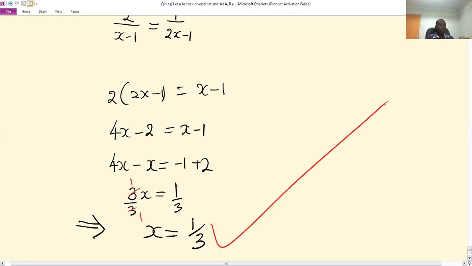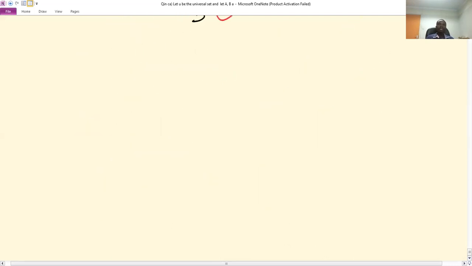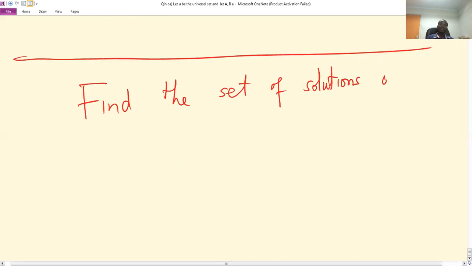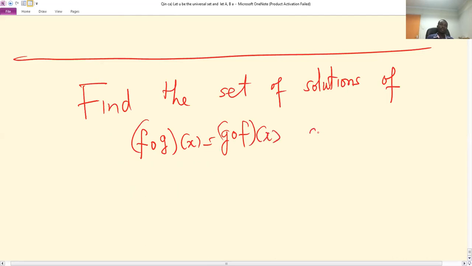Similarly, assuming you are given a problem, but this is just a by the way, it was not in the cut. So this is a different question, the same case. They tell you to find the set of solutions of f given.